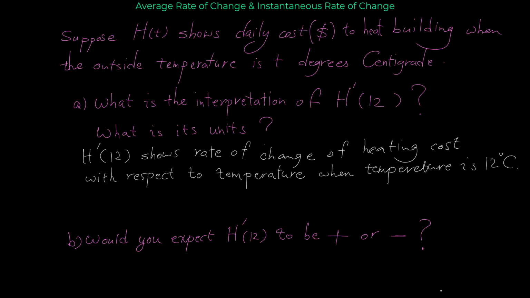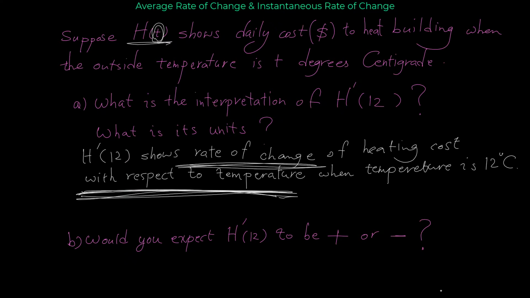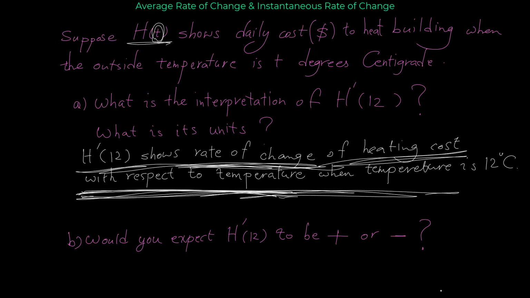Remember, derivative has this interpretation: rate of change of the function with respect to its variable. The variable of the function h is t. And what is t? Temperature. That's the reason it's good to mention with respect to temperature. If you simply say rate of change, it's right that this shows rate of change of heating cost. But we can say it this way in a more complete way.